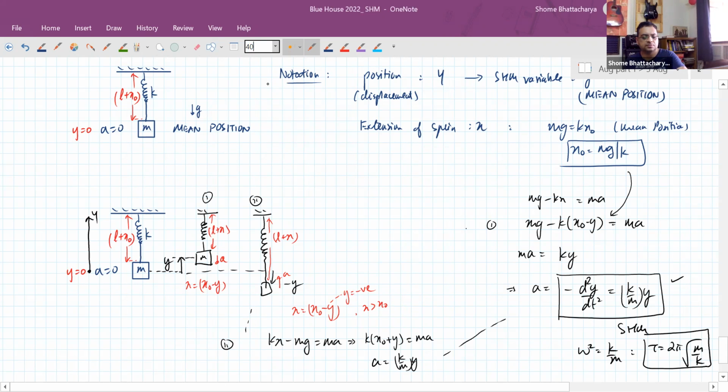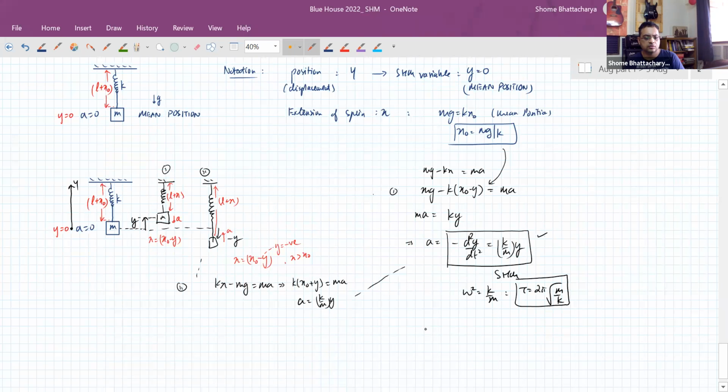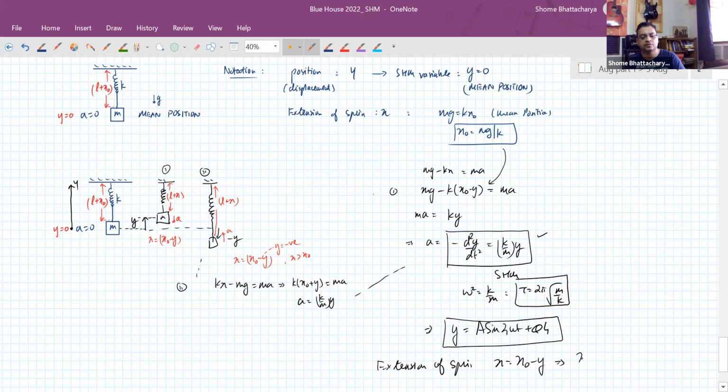So if y is the displacement from the mean position, then you can see that y will be doing this kind of behavior, y is A sine(omega t plus phi). So the extension of the spring is equal to x naught minus y in general. So that will have this kind of a behavior.